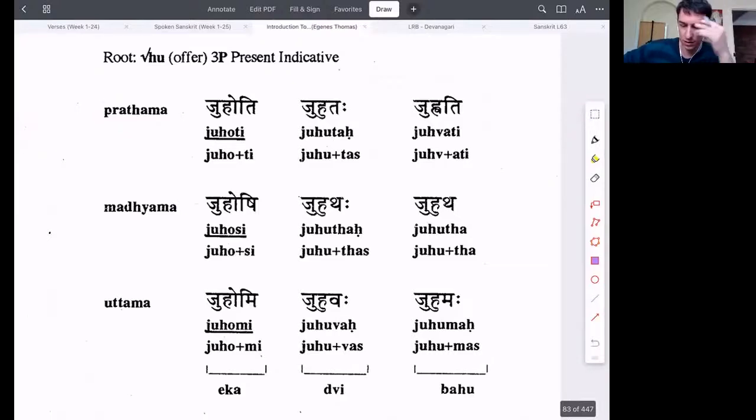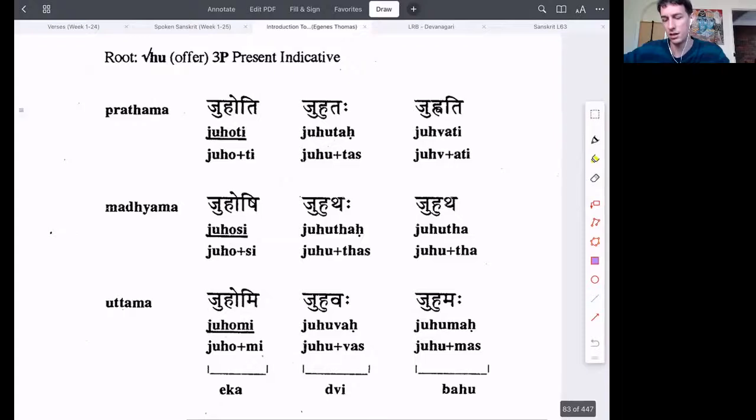Juhumaha, juhuta, juhvati, probably a rare one. You'd expect juhvanti with that n there, but it's juhvati. Page 73, then the paradigm on page 74, say that out loud once. The imperative means you must offer. When you think of imperative, think of an exclamation mark. It's a command. And the paradigm on page 75.